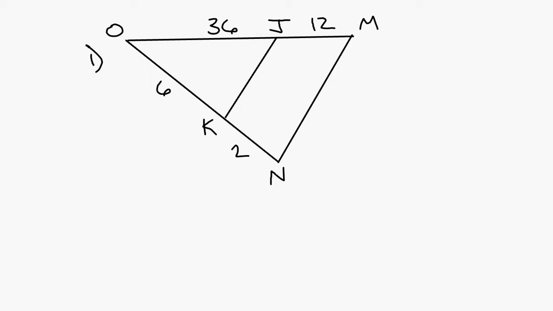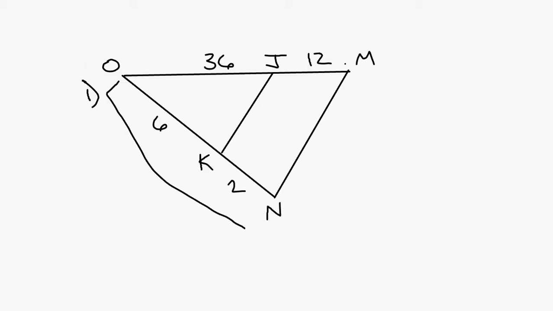So, do you see the little triangle, KOJ, and the big triangle, NOM? Those are the two triangles we're talking about. So you need to set up a proportion and see if the proportion is true. But you've got to be careful here, all right? Because this is a little bit different than mid-segment. So we're going to set up a proportion of small side to big side.